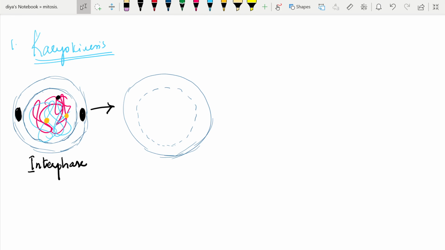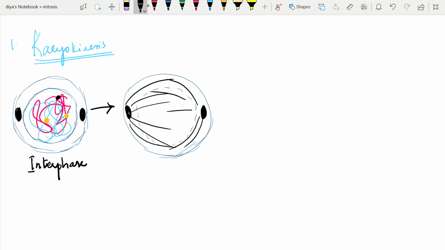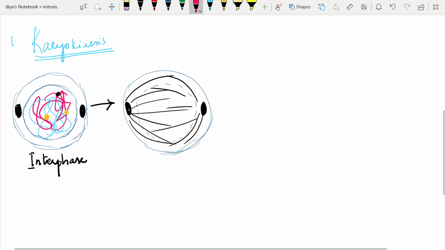The centrosomes produce the spindle fibers, and these chromatin fibers start to condense into a cylindrical form.